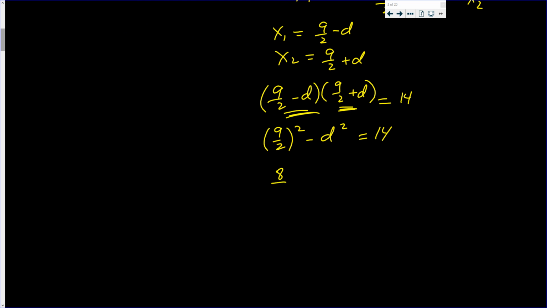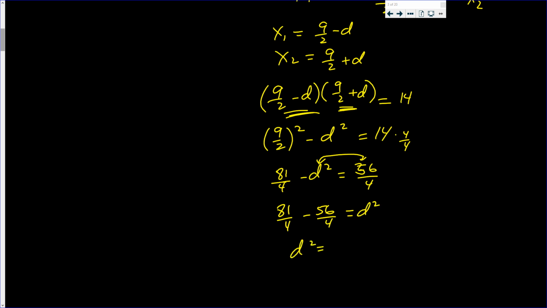That is 81 over 4 minus d squared is 14, well, let's multiply by 4 over 4, so we'll have common denominators. And we get 56 over 4. Interchange those numbers, and you get 81 over 4 minus 56 over 4 is d squared.